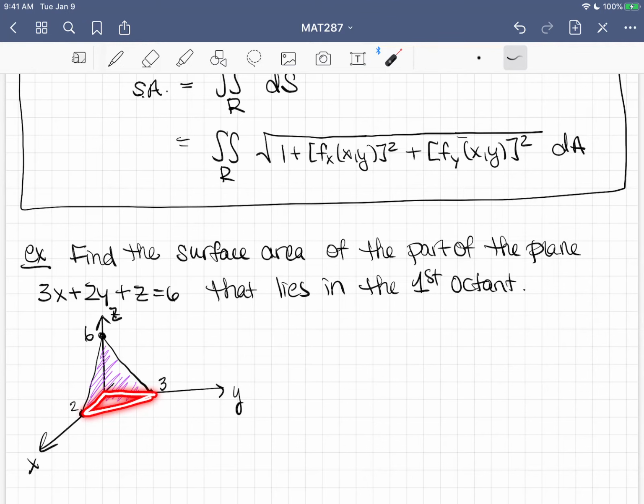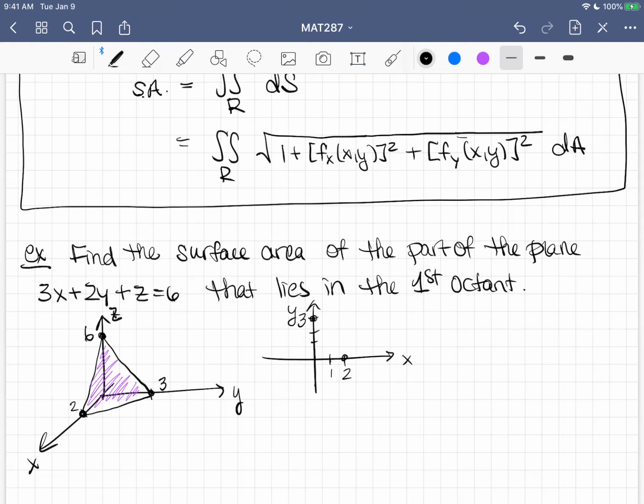So down here is R. Let's sketch that. So I crossed at 3 on the y-axis and at 2 on the x-axis. So here's my region of integration.